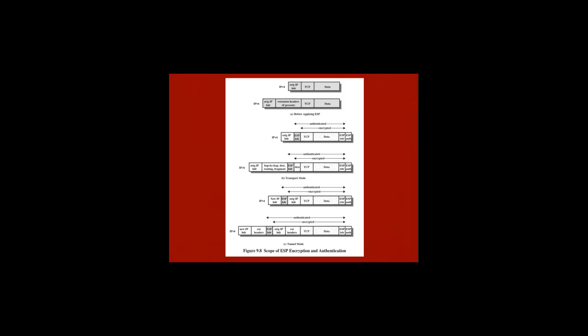If authentication is selected, the ESP authentication data field is added after the ESP trailer. The entire transport level segment plus the ESP trailer are encrypted. Authentication covers all of the ciphertext plus the ESP header.